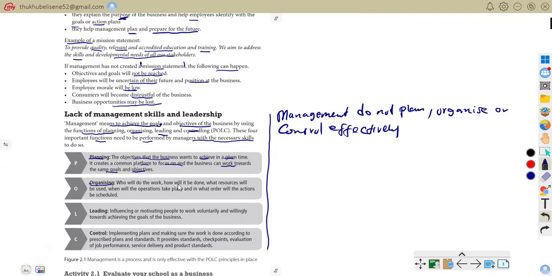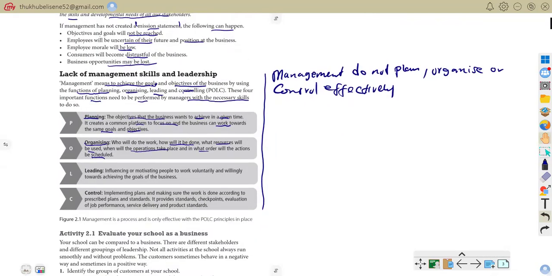Who will do the work? How will it be done? What resources will be used? When will the operations take place? In what order will the actions be scheduled? All these are on the shoulders of the manager. Those are all the roles he needs to play under organizing.